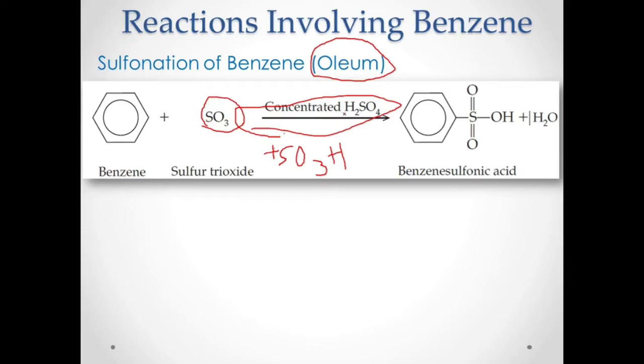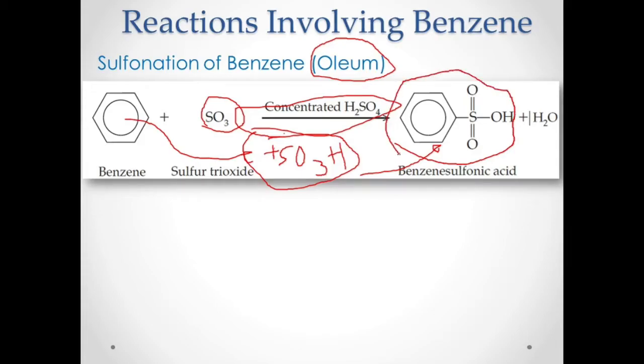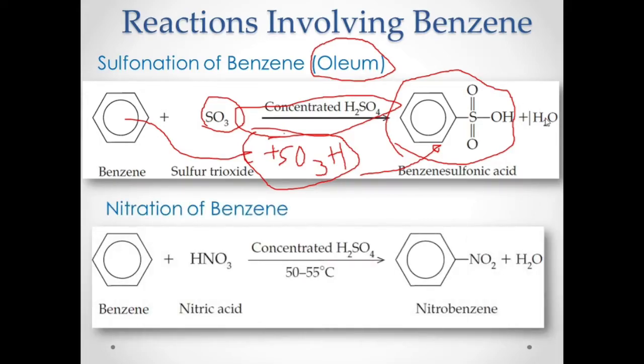You have sulfur trioxide in concentrated sulfuric acid. You have the formation of this electrophile, and this would be attacked by your benzene to form your benzene sulfonic acid. Okay, remember that. The product for a sulfonation of benzene is benzene sulfonic acid and your water.